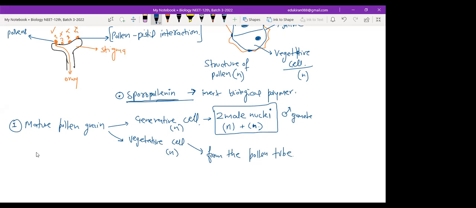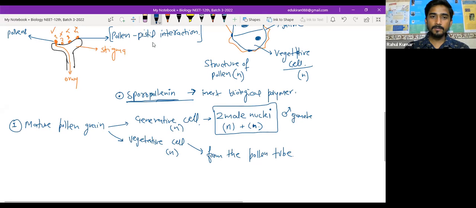Now look here. I'm making a diagram. This is a big pollen which is forming a tube inside a stigma.